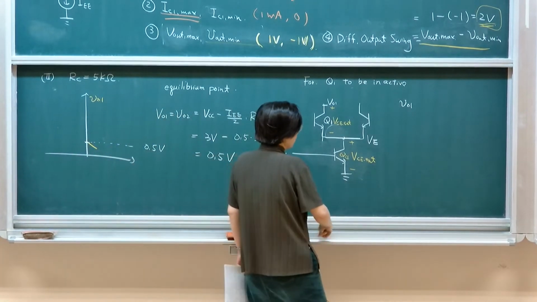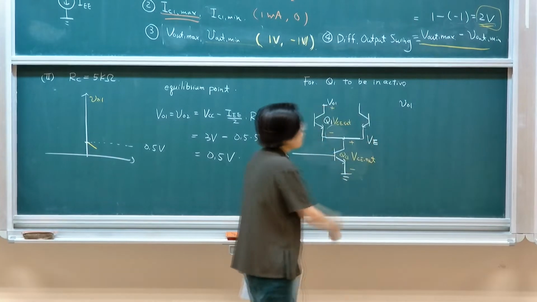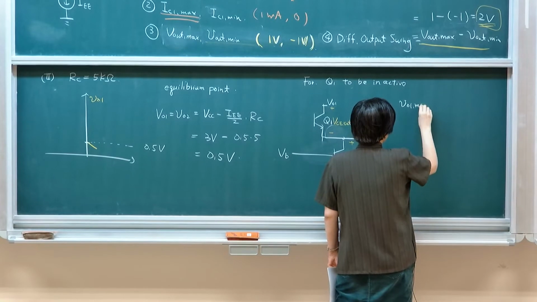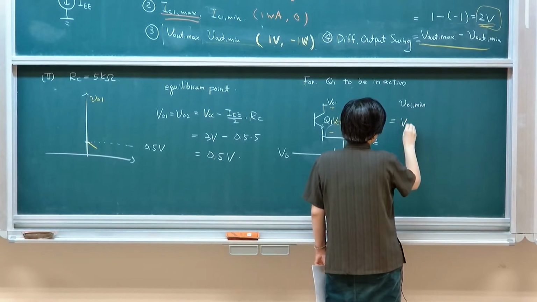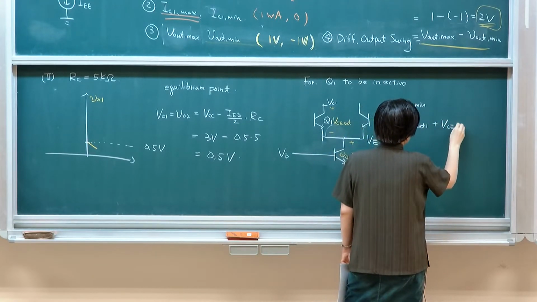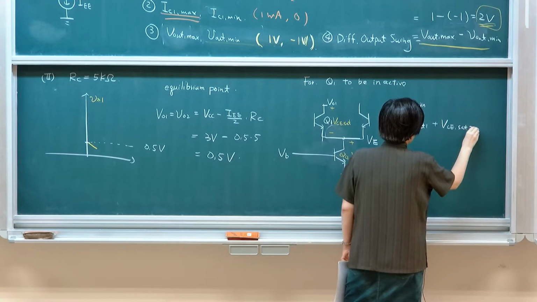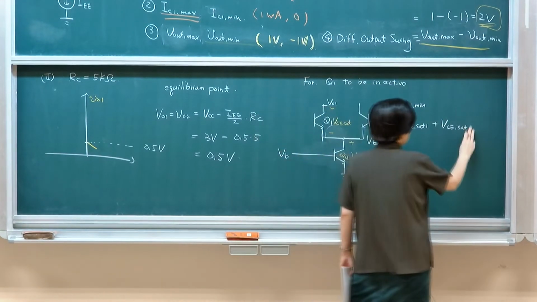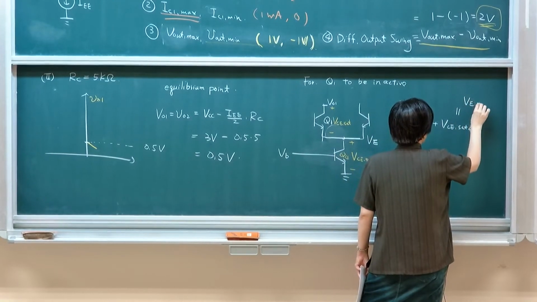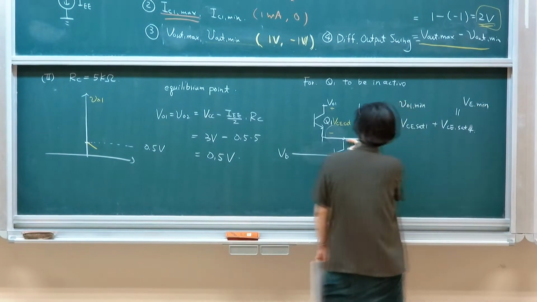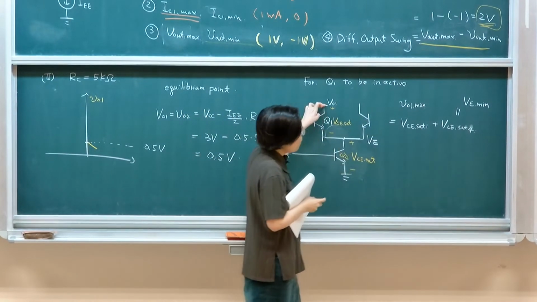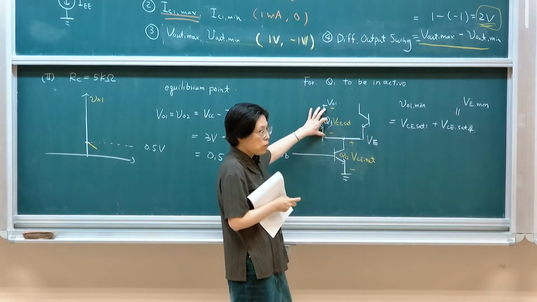To make sure that this circuit will still be functional, your VO minimum will be VCE set 1 and VCE set 4, let's say. This is VE minimum. This is the lowest at which this will still serve as a current source, and this will be the lowest where Q1 will still remain active.